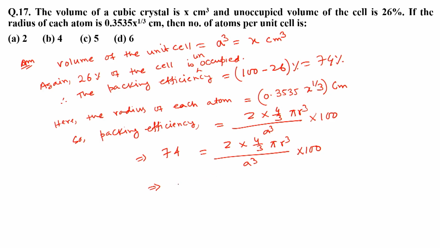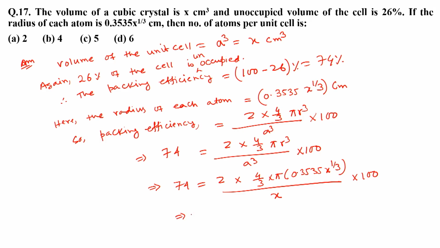We now substitute the values: the value of r is given as 0.3535 x raised to the 1 by 3, and the value of a cube is also given, x. If we calculate, we get z is 4.00.